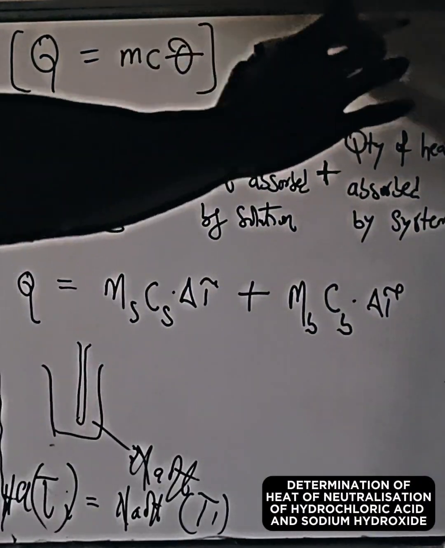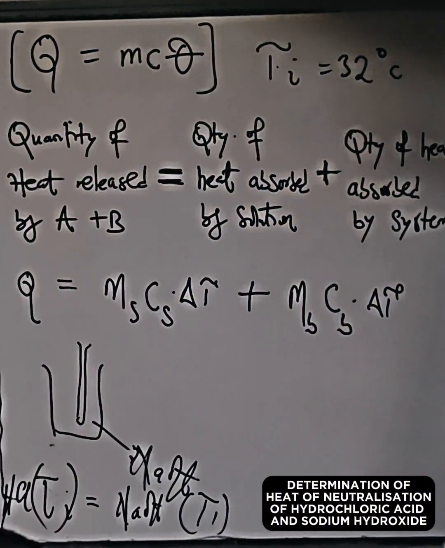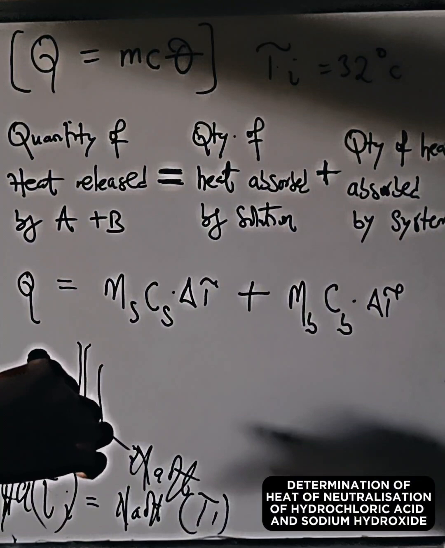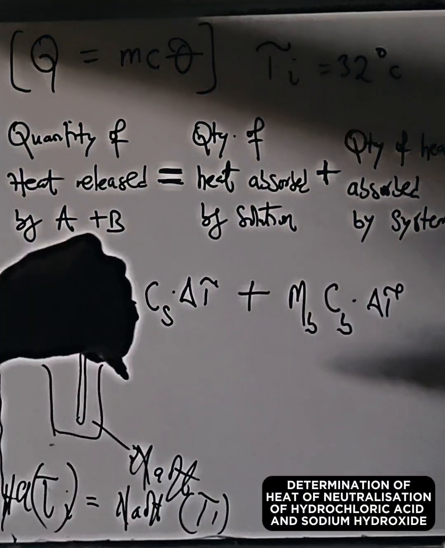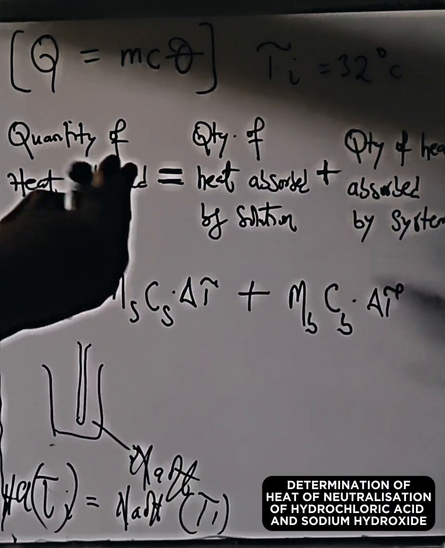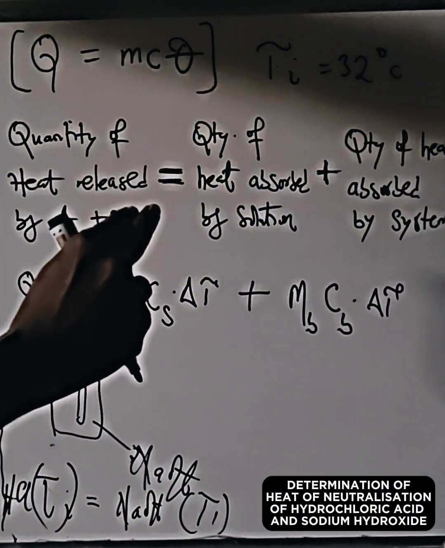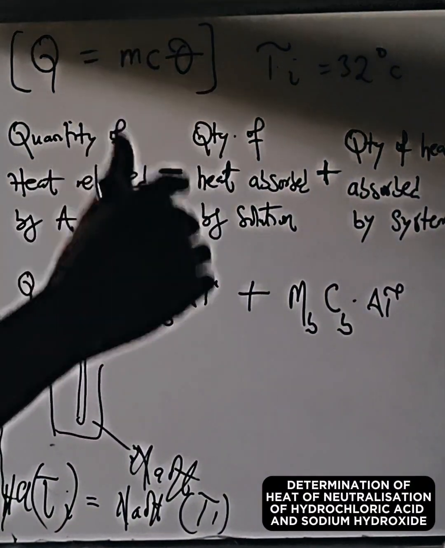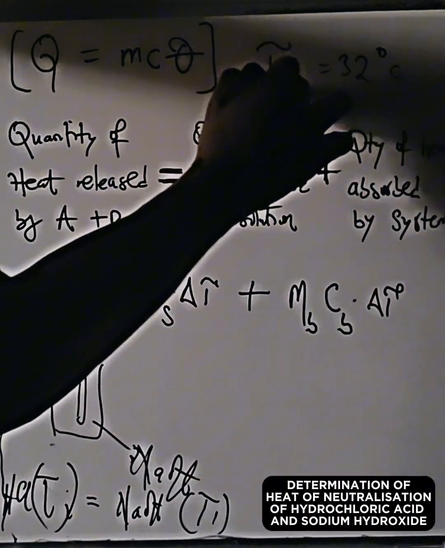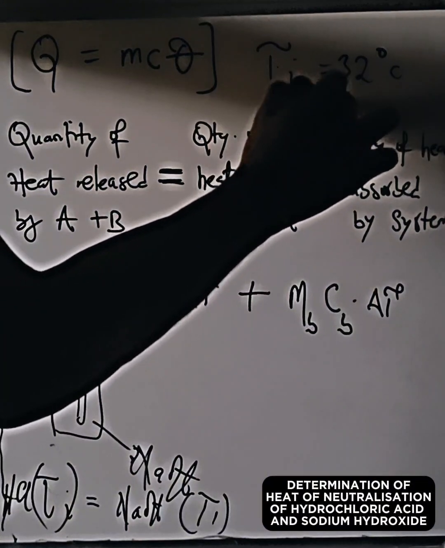Now after recording their temperatures separately, you're going to introduce the acid into the base. You're going to start stirring with the thermometer still inside. Once that is done, you record the temperature at which the thermometer shows you that it is constant, and that will be the temperature of the solution, because TF, the final temperature, is that of the solution.